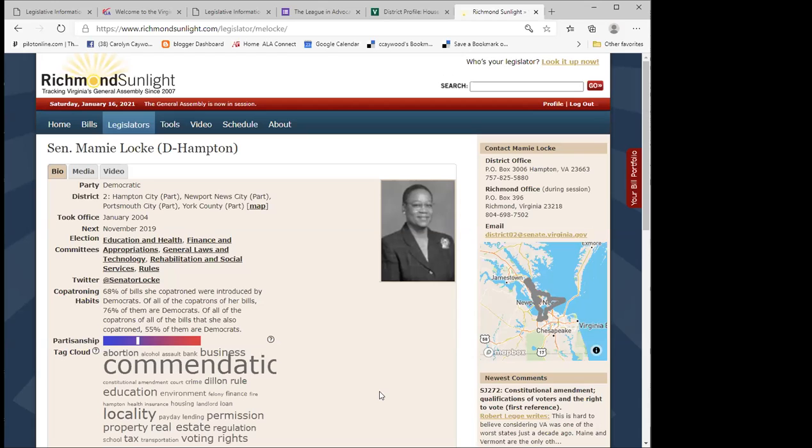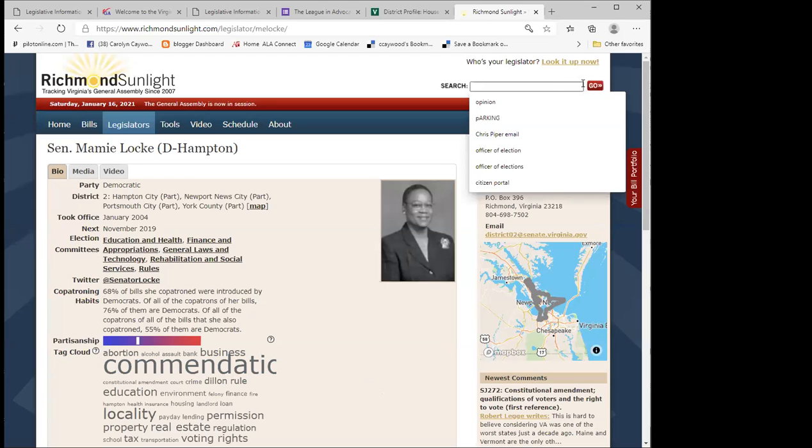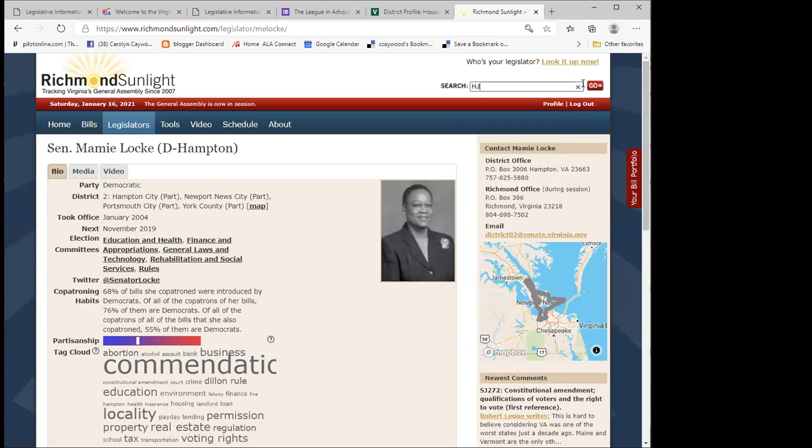I know sometimes it may be hard to find things to thank some of these legislators for. One thing I found is that there are a lot of Republicans, which I was really surprised by, who are patrons of HJ 523. It's declaring voting rights for women month in Virginia starting in November of 2021.